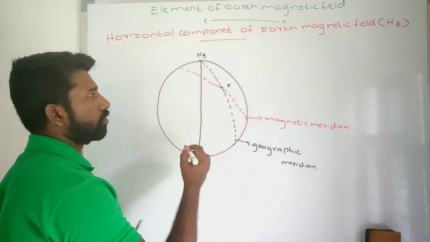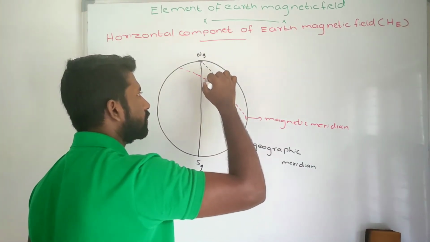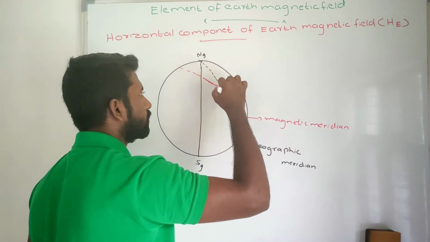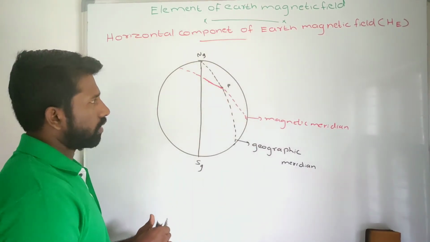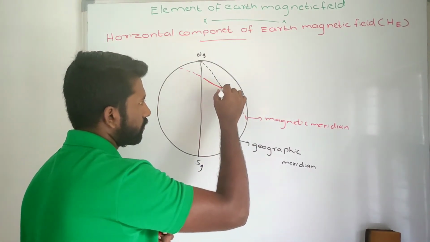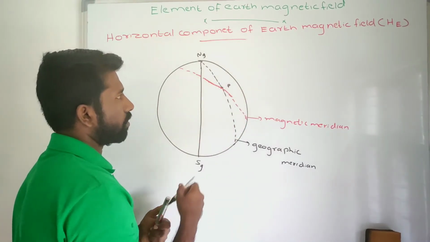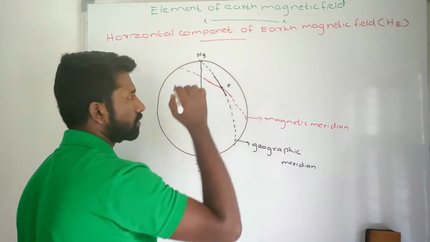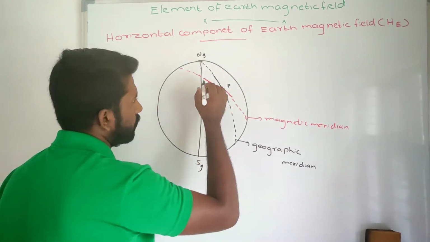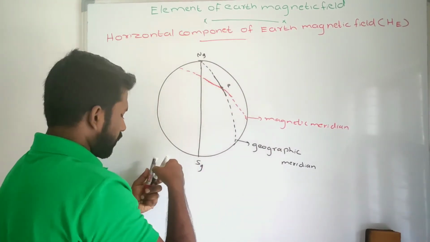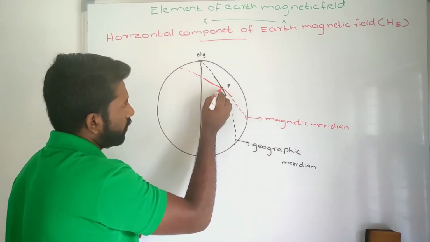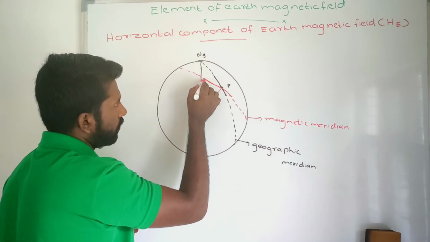Then I am going to draw a tangent on the magnetic meridian, like this, and I am going to draw a tangent on the geographic meridian also, like this. Then I consider a vertical plane in the magnetic meridian, like this.